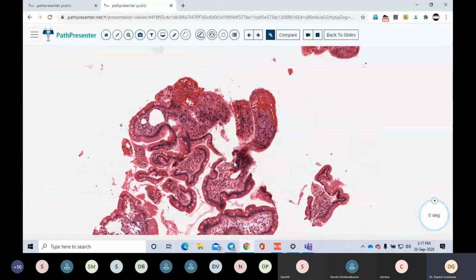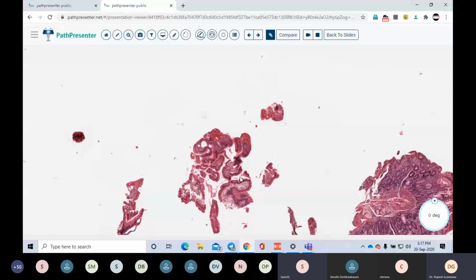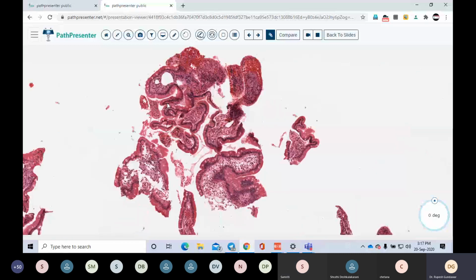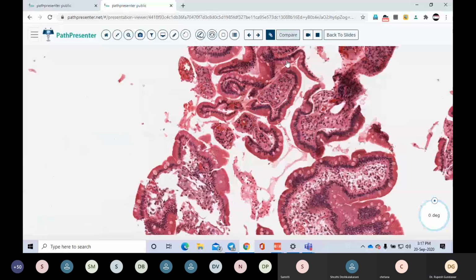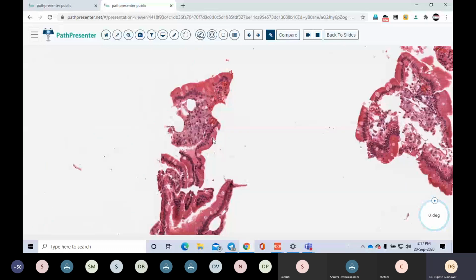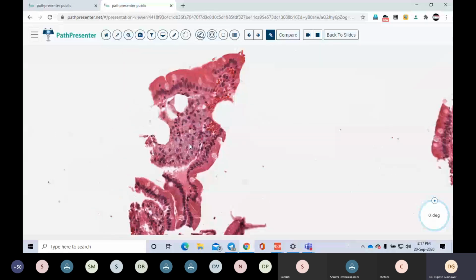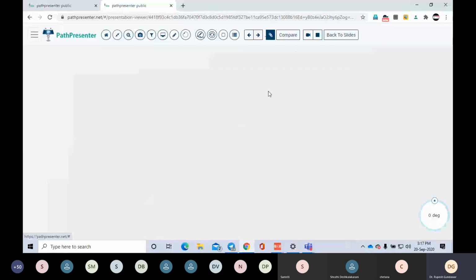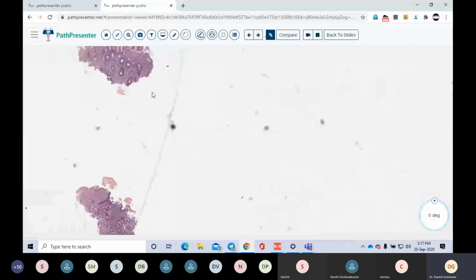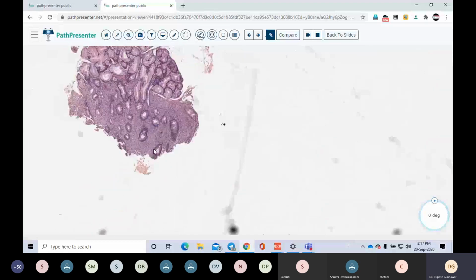So the difference between MAC and Whipple is that in Whipple you will get dilated lacteals like this, along with the aggregates of macrophages. If you do PAS, they will be brilliantly stained. So this is the case of Whipple disease, and this is the case of MAC. In MAC, you won't get dilation of the lacteal.